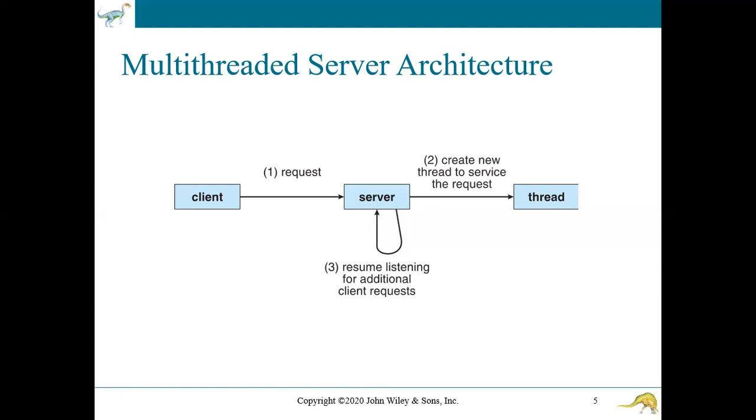But what you can do is create another task of servicing a request, and that can be a thread. So each request can be a thread. That means you're listening, spawn a child, get back to listening, spawn a child, get back to listening, spawn a child, or a thread, right?